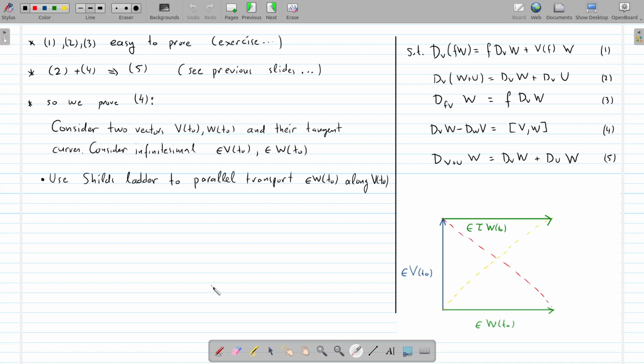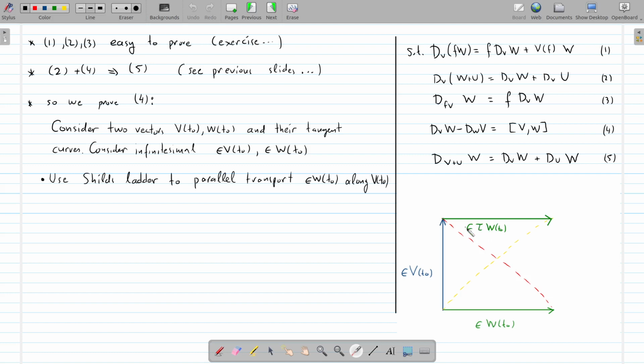Now let's use Schild's ladder to parallel transport epsilon w to the point that is defined by epsilon v. You see the construction here, and it will give us the vector which is epsilon times tw, because of the property of the parallel transport.